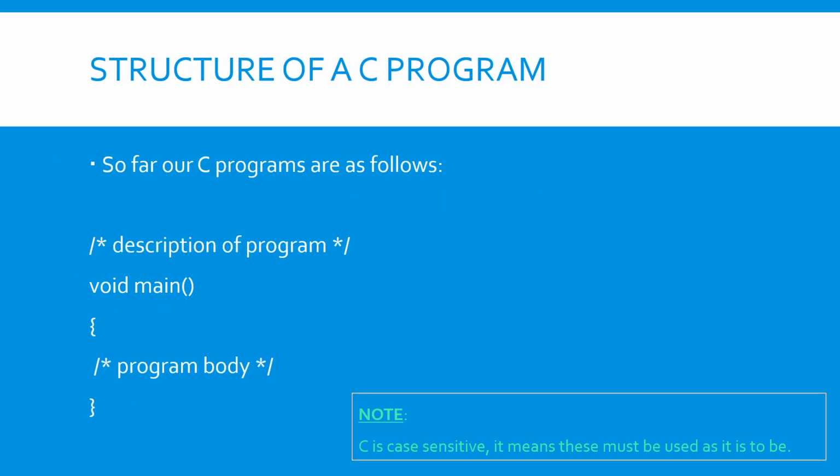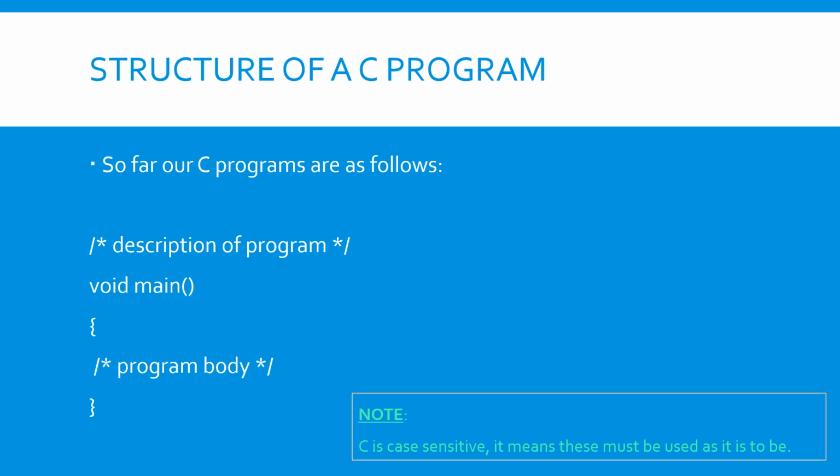Structure of a C program. If the user wants to add some comments, he can do it in the beginning of the program within /* and */. So they will not be treated as a command. They will be considered as comments for user information.